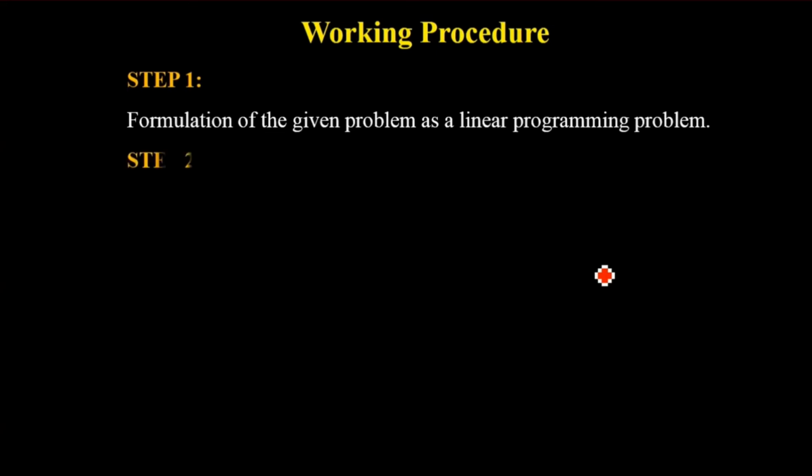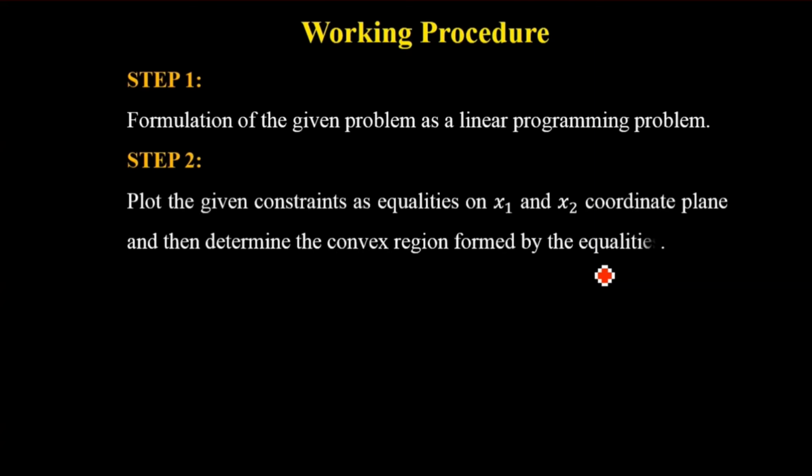Next, after getting the linear programming problem, step two is to plot the given constraints as equalities. Here it is very important. The constraints will be in three forms, either equal to, less than or equal to, or greater than or equal to some value, maybe q, maybe r.